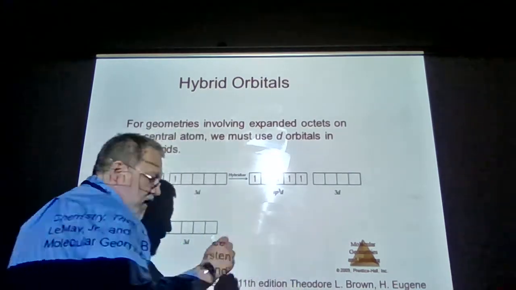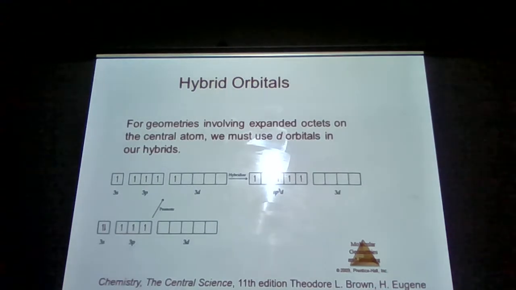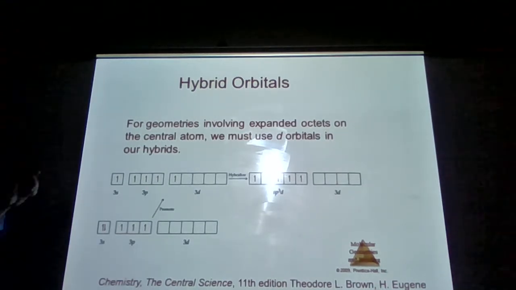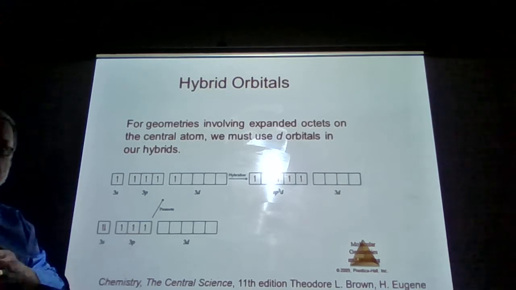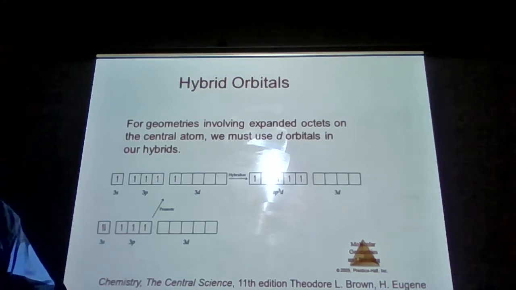So we've covered sp, sp2, and sp3. There are more hybrid orbitals than just the s and p combinations. We've talked about compounds that have expanded octets.